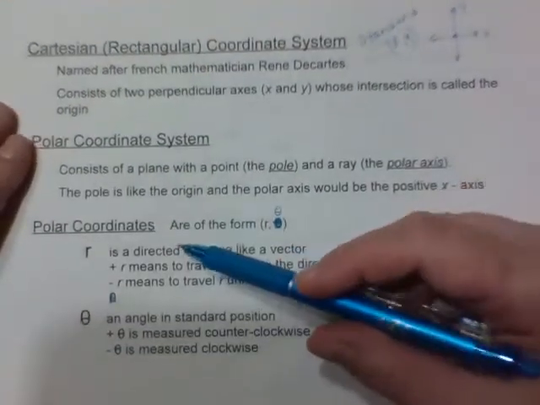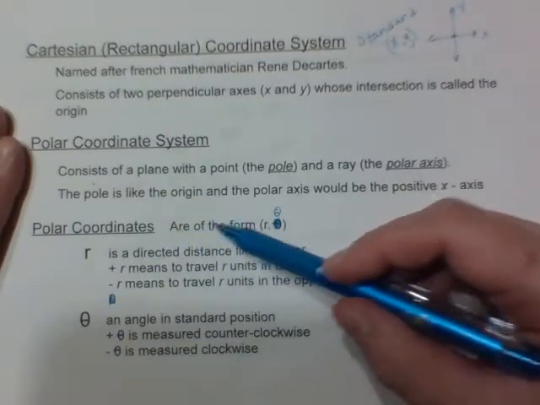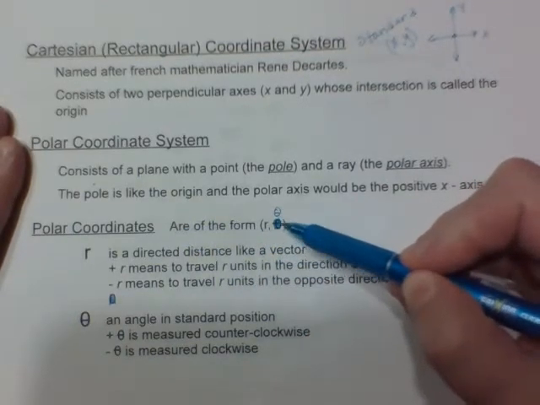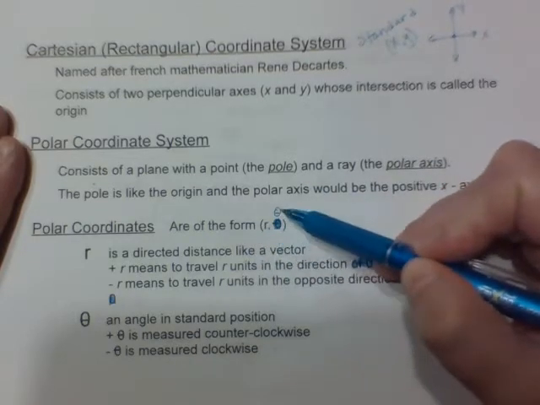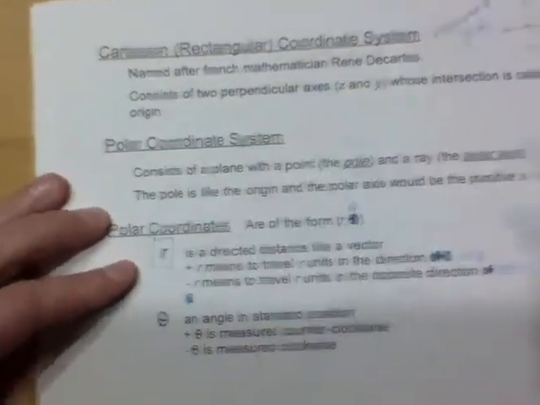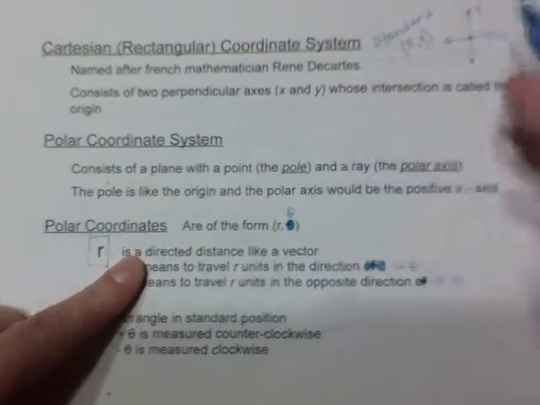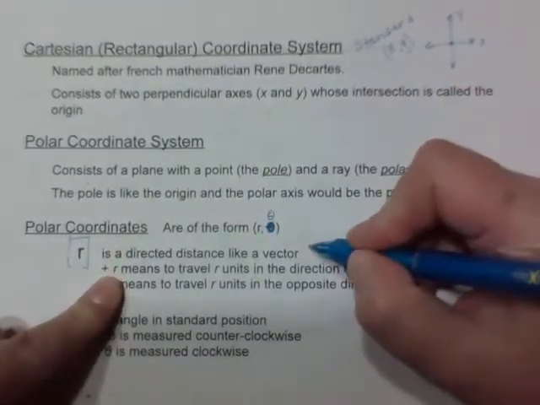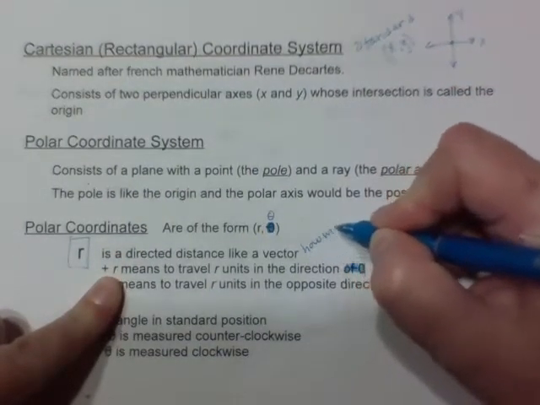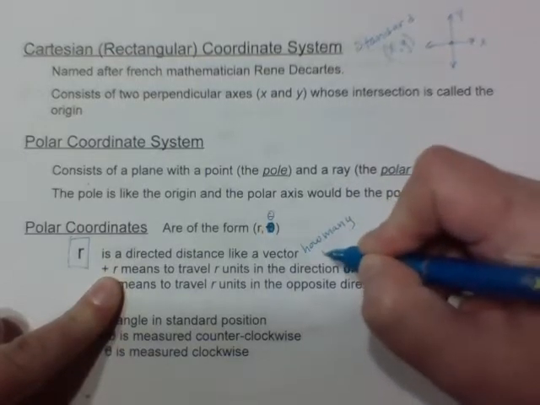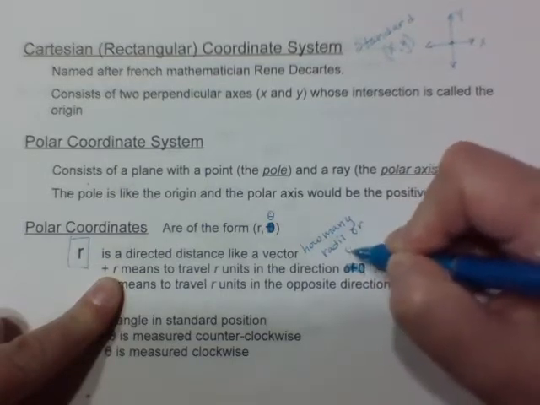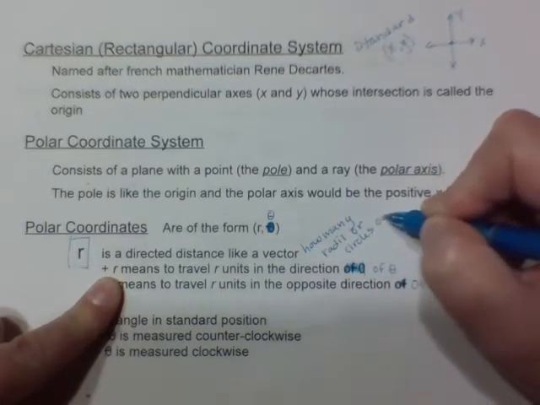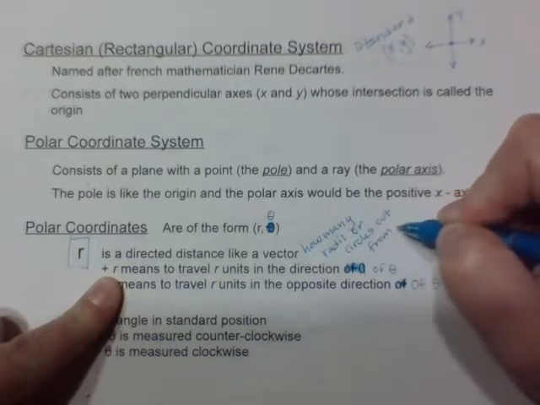Polar coordinates, as I just showed, are in the form of r comma theta, instead of x, y. This theta was messed up on the sheet. R is a directed distance, like a vector, and you're asking how many radii or circles out from the pole.